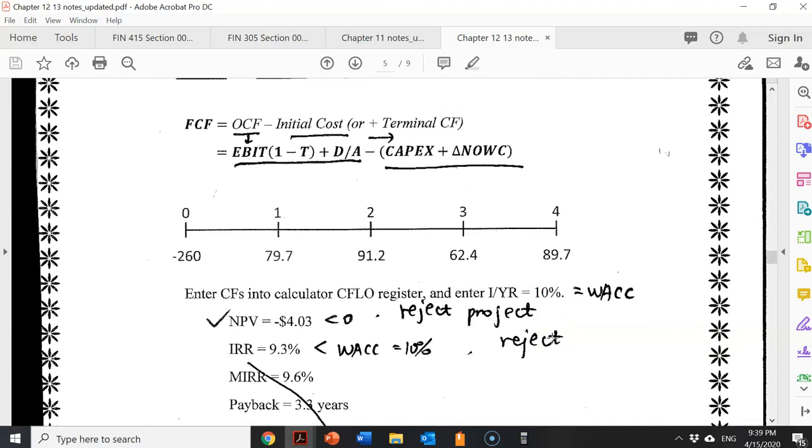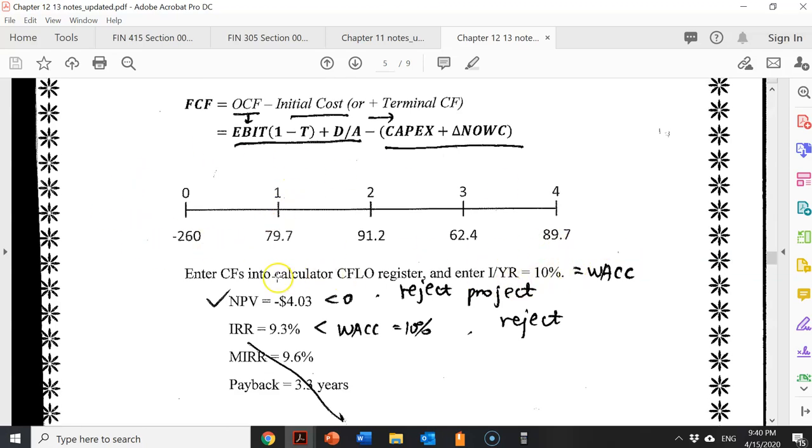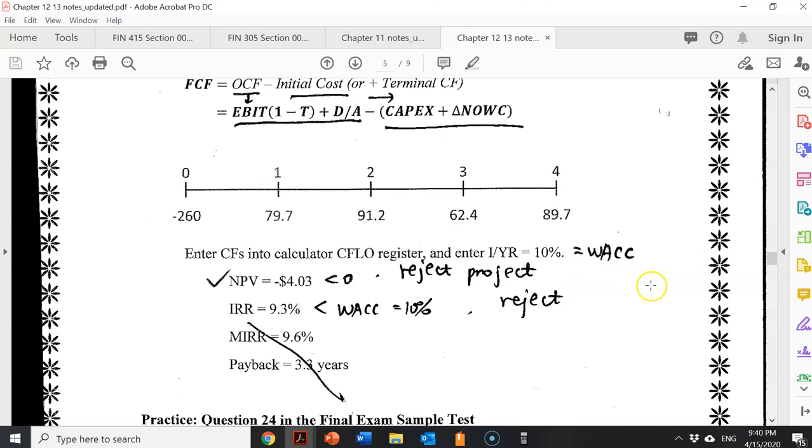So for this project, we have already calculated initial cost as negative 260, and operating cash flow 1, 2, 3, free cash flow 1, 2, 3, 4 are also calculated. So if we put all the numbers on the timeline here, input them into the cash flow function, and enter I as our 10% WACC, we can calculate our NPV for this project as negative 4.03, which is negative.